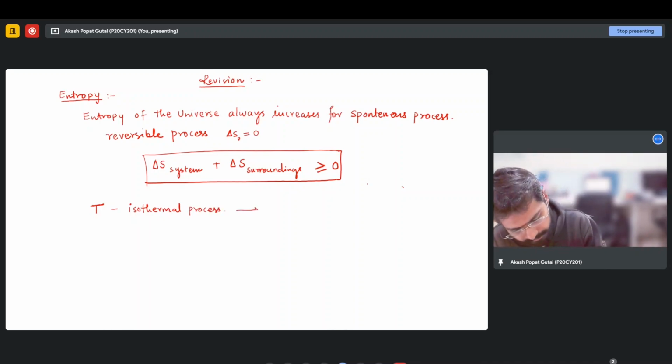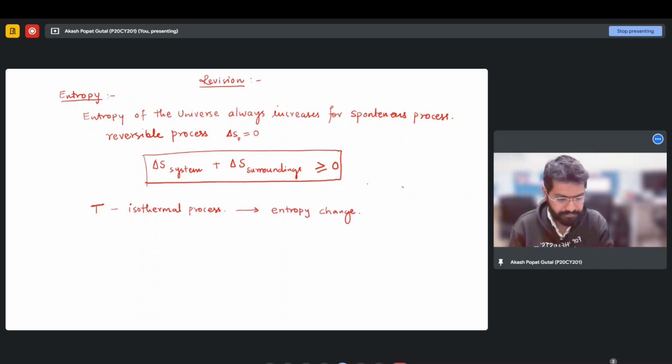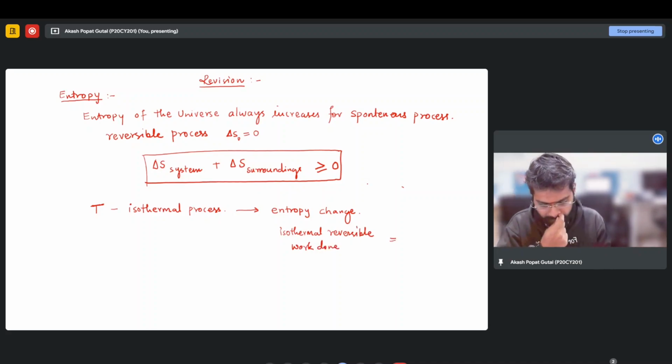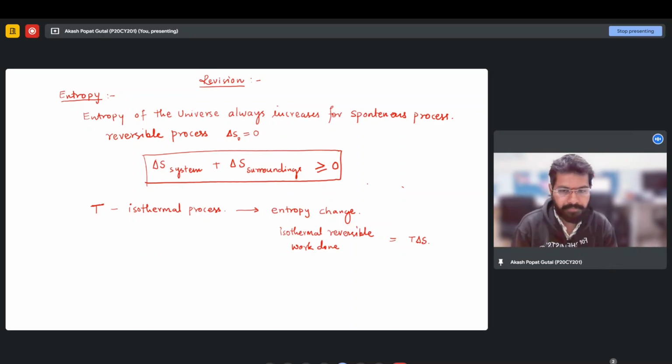The entropy change is nothing but the reversible isothermal work done, which is equal to T delta S, right? Which is nothing but the heat gained by the system.